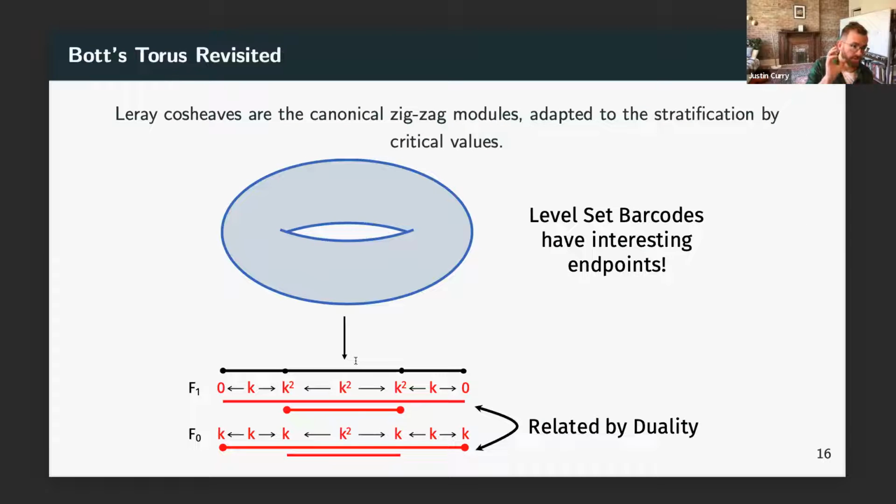And sort of the moral I want to communicate is that, at least in the setting where we're looking at traditional zigzag persistence, there's sort of a canonical one that is adapted to exactly where the critical points, critical values are. And when you study that object, a lot of interesting dualities and things sort of emerge.